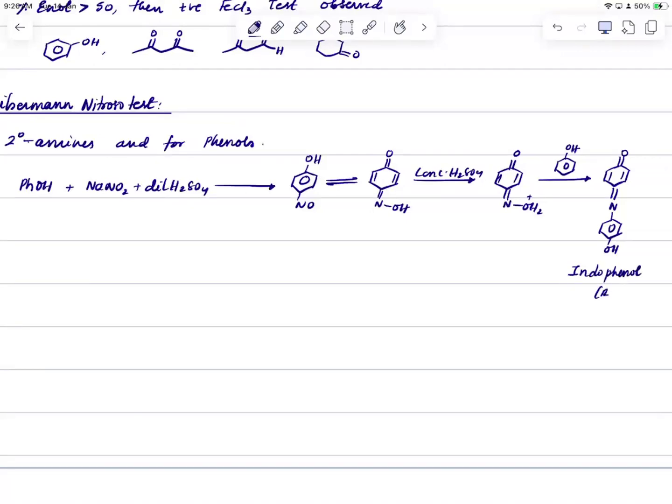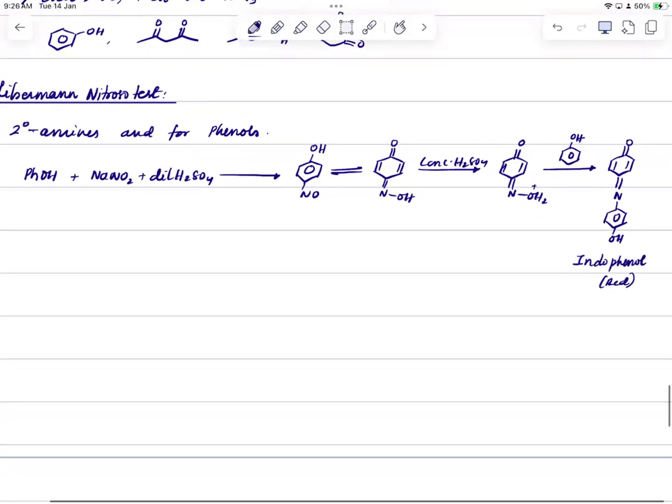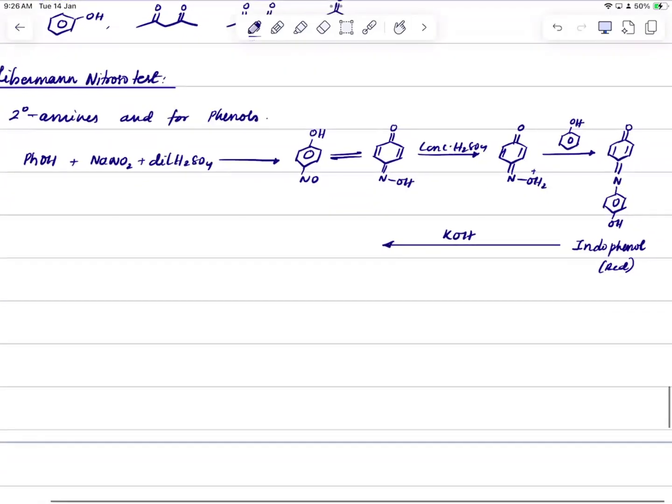and indophenol is red color. Right? Indophenol is red color. And once you get this indophenol, react this with KOH. On reaction with KOH, this quinonic form will remain the same, and the indophenol form will become O minus and K plus.